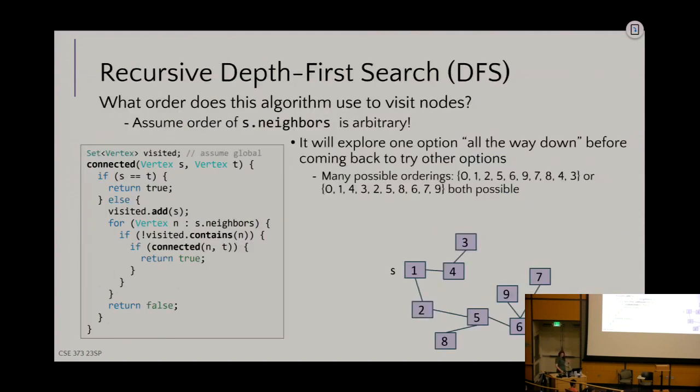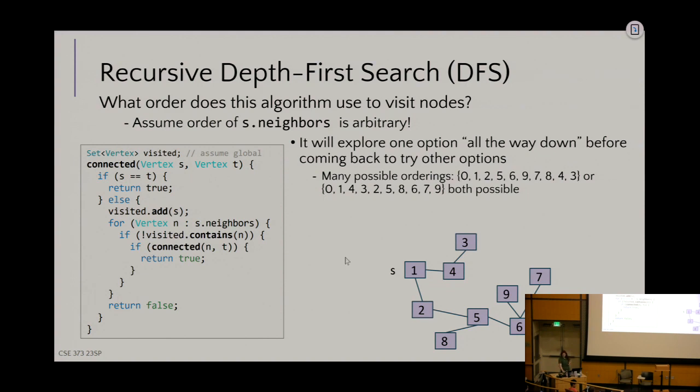Okay, so this algorithm here is called depth first search. You will often hear it referred to as DFS. The reason it is called depth first search is because we do this direct plunge into neighbors.